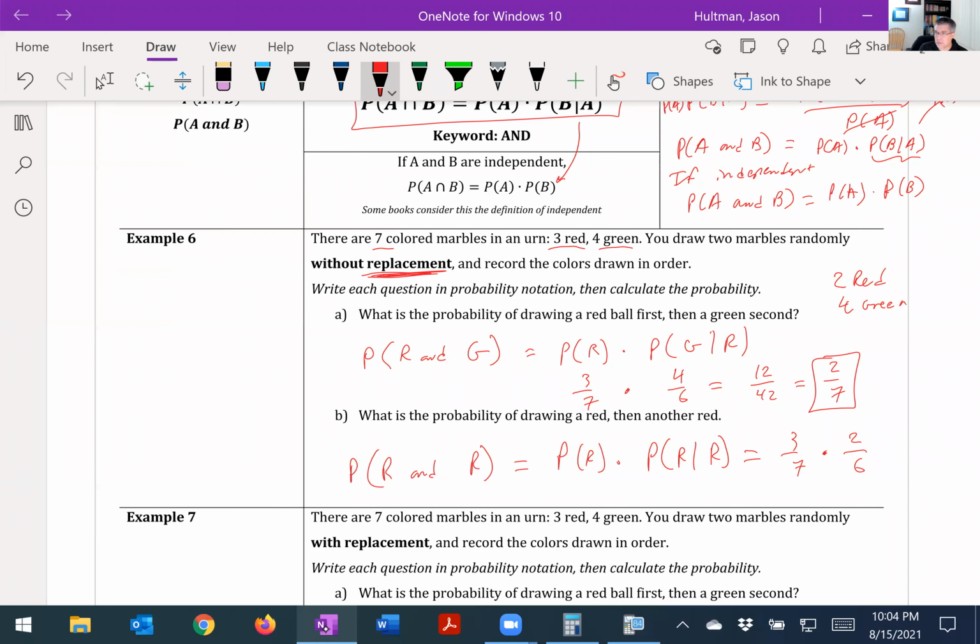I don't have 7 in the urn anymore, I have just 6, and I don't have 3 reds anymore, I only have 2. So multiplying straight across, we get 6 out of 42, which is 1/7.